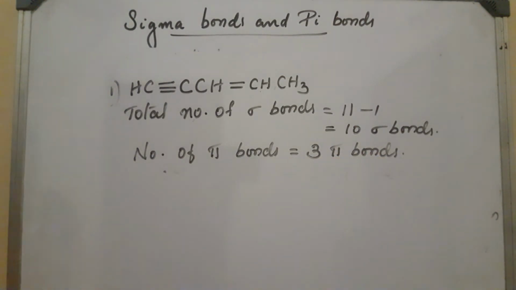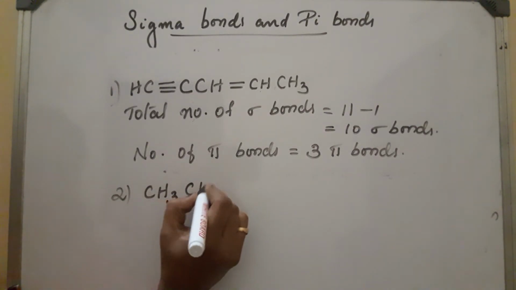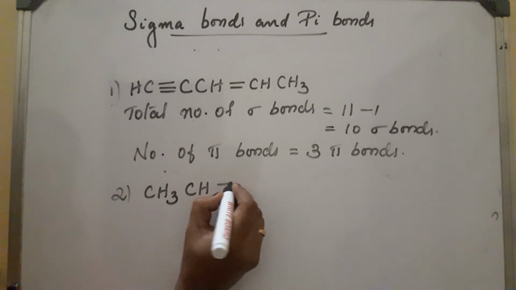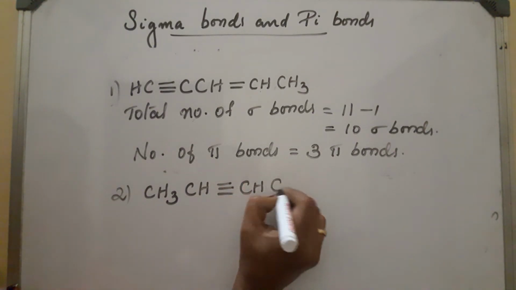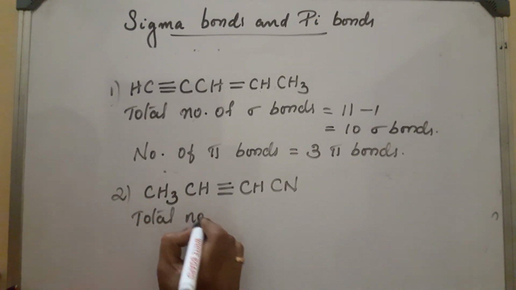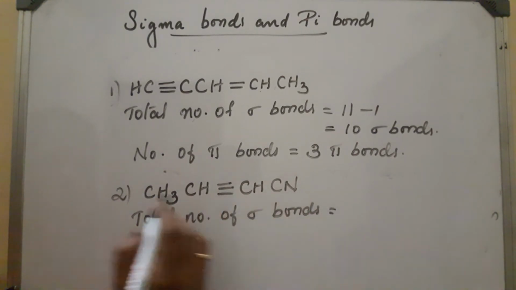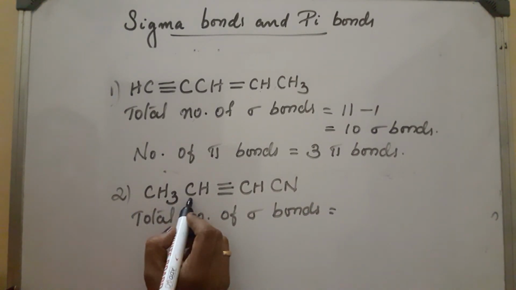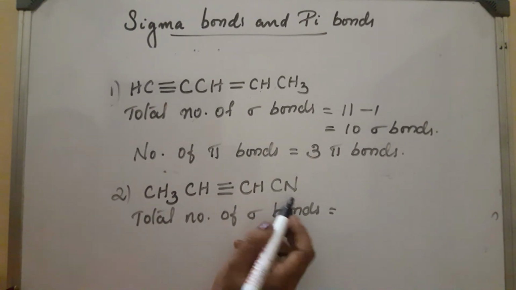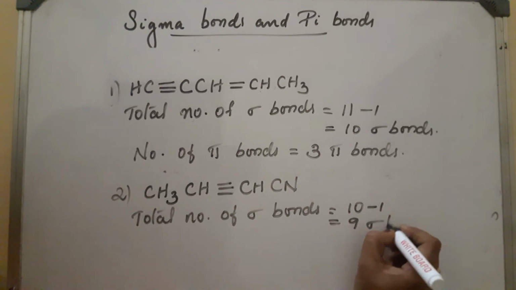Okay. Now, how can we calculate the next molecule? Next molecule is CH3, CH triple bond CHCl. How can we calculate the total number of sigma bonds? Total number of sigma bonds will be equal to 1 plus 3, 4, 5, 6, 7, 8, 9, 10. 10 minus 1, that is equal to 9 sigma bonds.